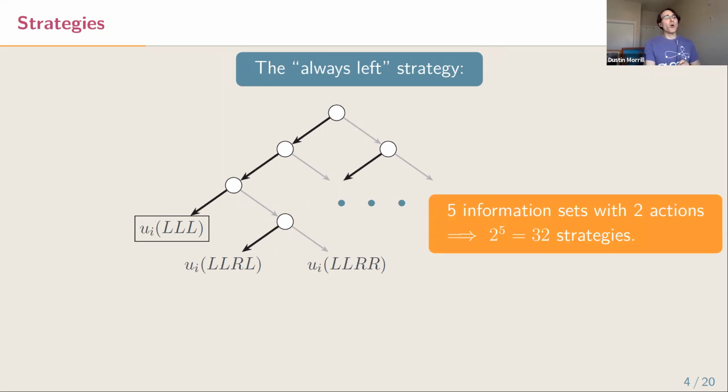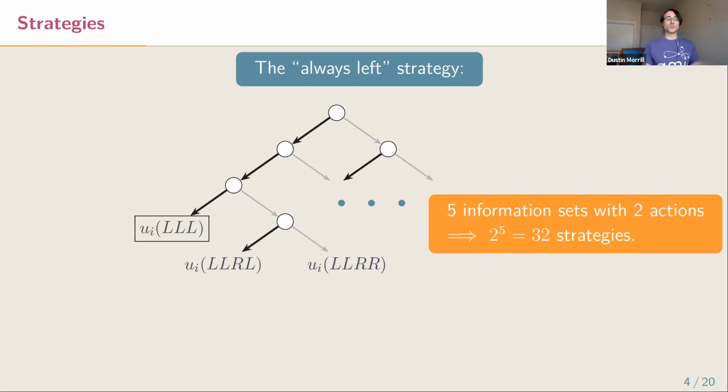Notice that even in this small game, we have 5 information sets with 2 actions, and therefore we have 2 to the 5, or 32, different strategies, just every different combination of the way the actions could be assigned. So notice that this is exponential in the number of information sets we have.